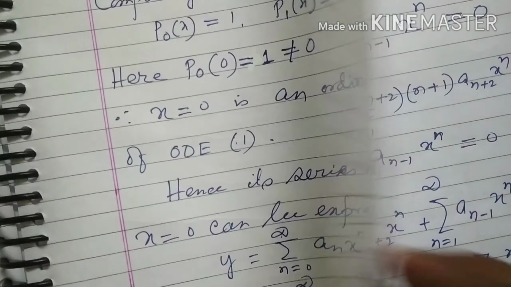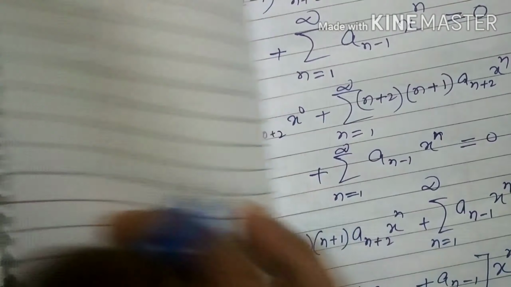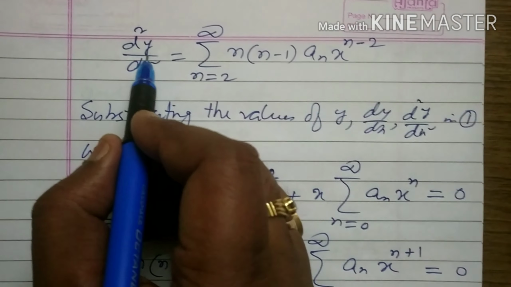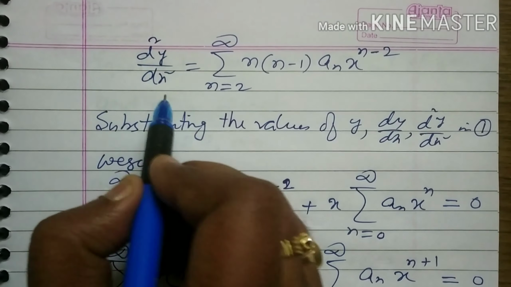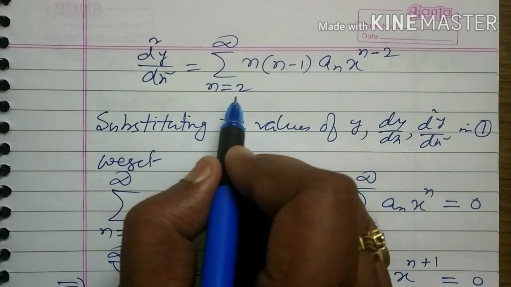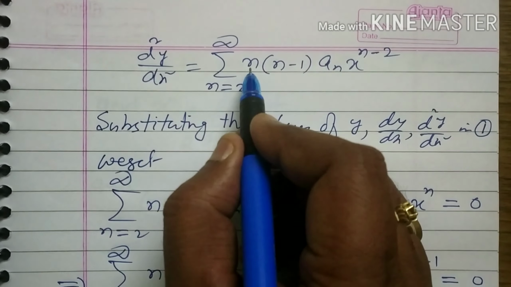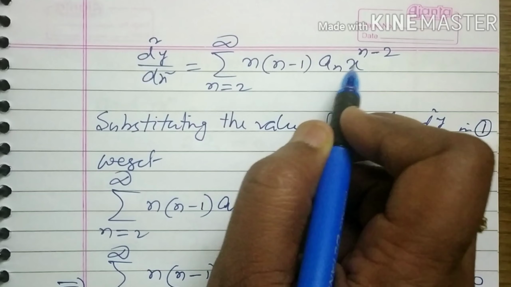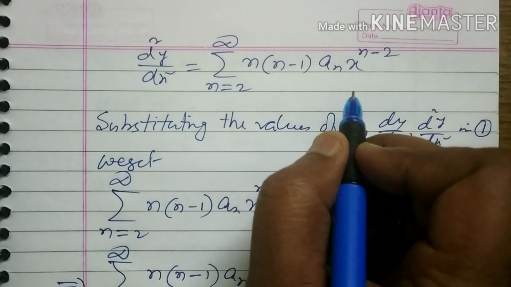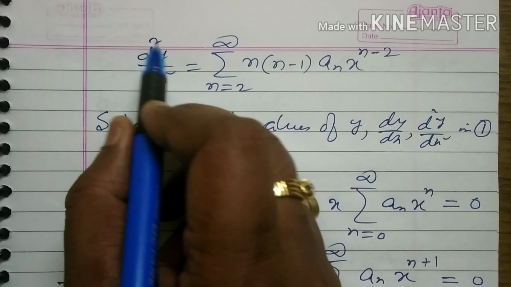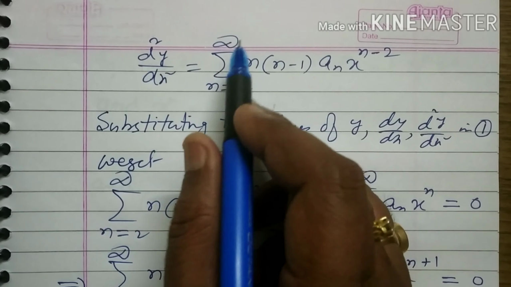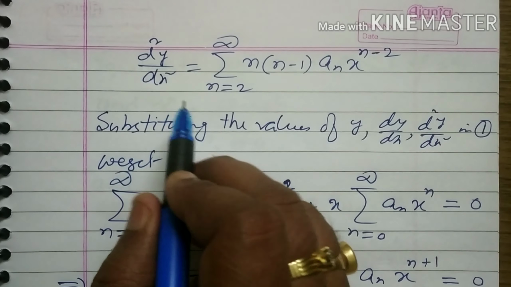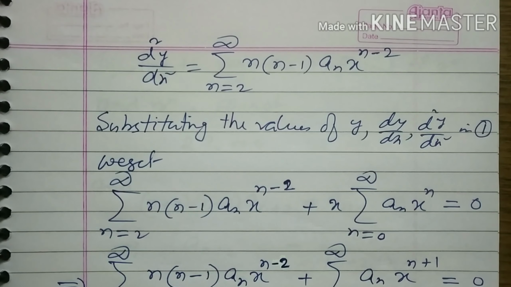And the second derivative is d2y/dx square is equal to summation n equals 2 to infinity n(n minus 1) a_n x to the power n minus 2. So I repeat once again, if the derivative is second order you should write 2 to infinity, and if it is first order you should write n equals 1 to infinity. Please remember, it's the most important part.